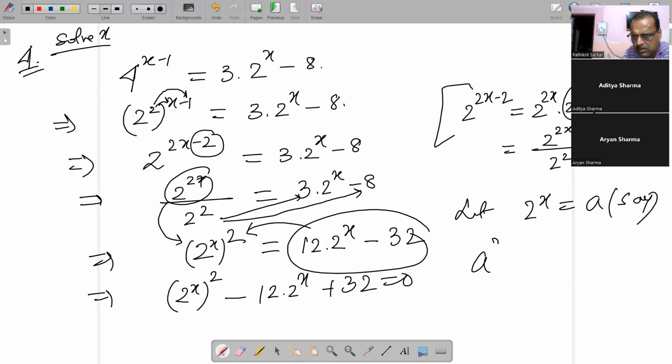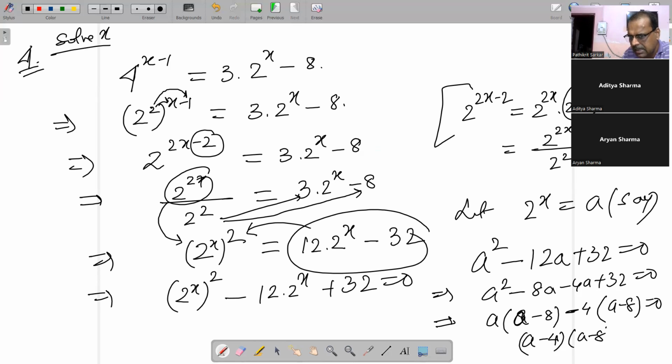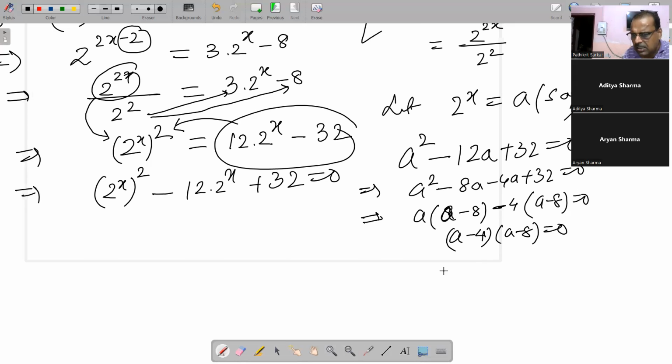So it comes down to a square minus 12 into a plus 32, ये आ जाएगा. सर इसको आप आसानी से फैक्टराइज कर सकते हो, that is a square minus 8a minus 4a plus 32. मिडिल टर्म में ऐसे आसानी से फैक्टराइज हो जाए. सो यहाँ पर आ जाएगा a common लो a minus 8, और यहाँ पर आ जाएगा 4 कॉमन ले लो तो a minus 8. So it becomes a minus 4 into a minus 8 is equal to 0. ये आ जाएगा. So that means इसका दोनों वैल्यू होगा सर, एक a का वैल्यू होगा 4 और दूसरा होगा 8.